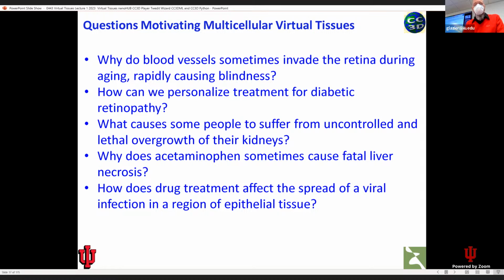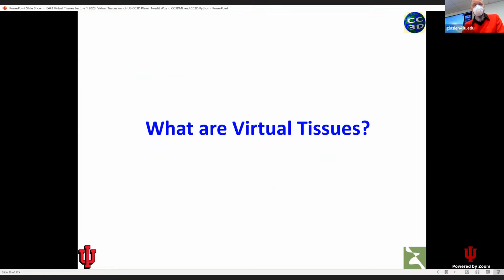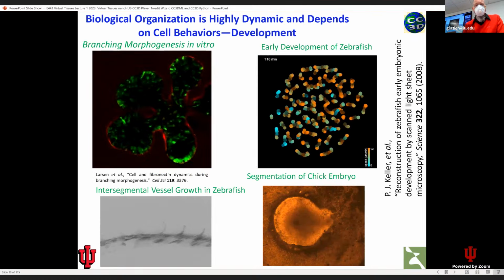Why does an analgesic like acetaminophen, Tylenol, work fine in some people and cause liver failure and kill you in other cases? Or how do we use an antiviral drug to control viral infection. So we're going to be talking about virtual tissues.